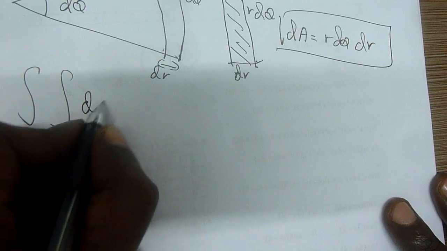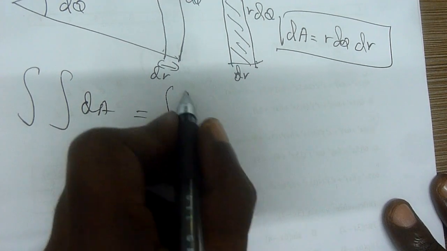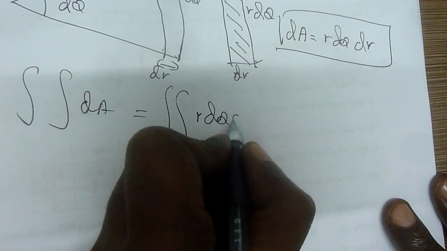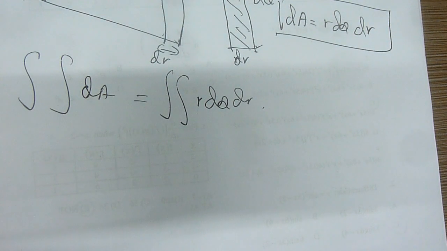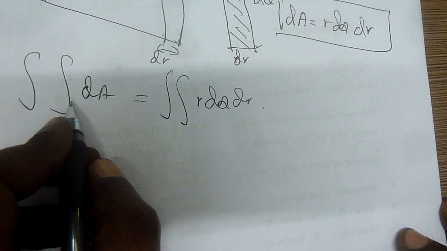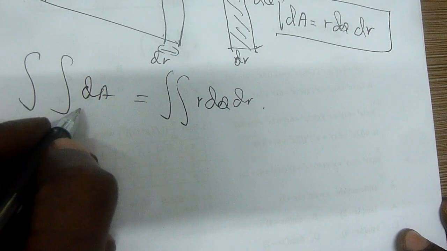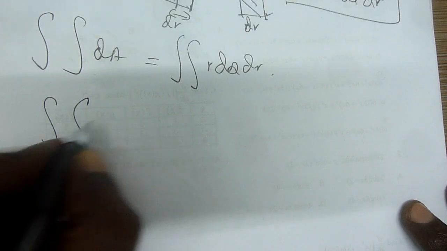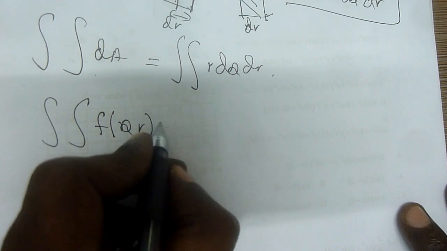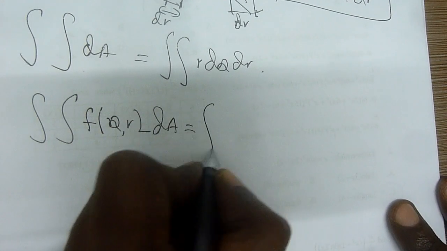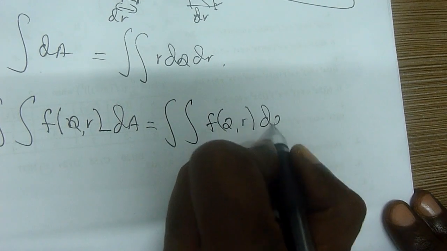So dA for the double integral will be r d theta dr. Okay, we settle with that. Then you can place the function again. Remember, the function can go inside this as well. If it goes inside, then you need to use f of theta and r, with dA, so it will be f(theta, r) r d theta dr.